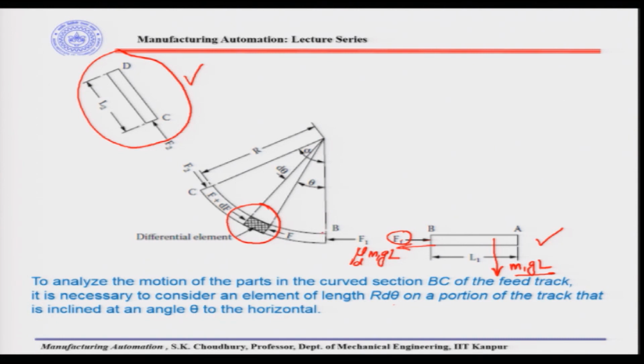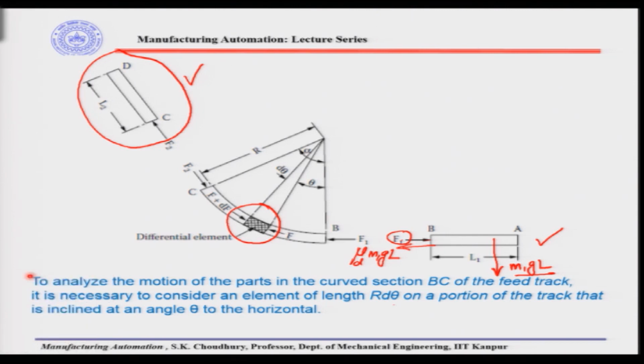So, this is the theta angle, and here we are taking one small section of length r d theta, where d theta is this angle and r is the radius of this curved portion. So, r d theta will be the length.